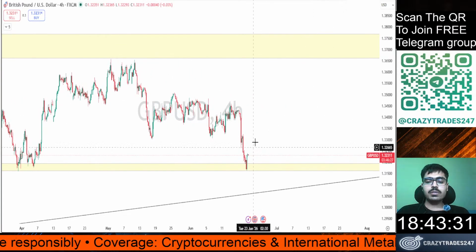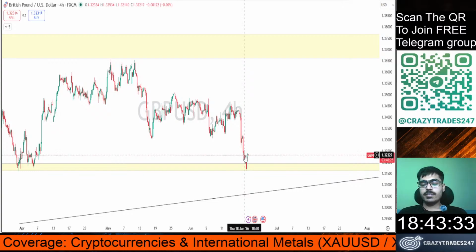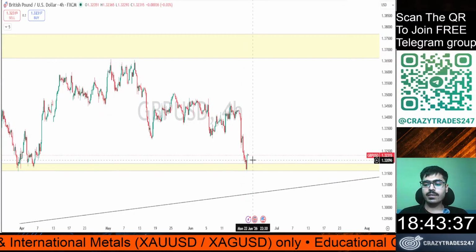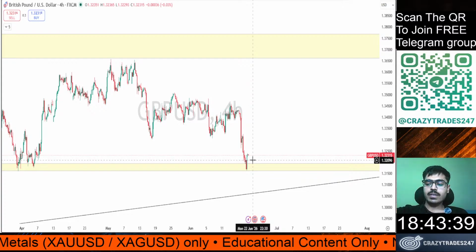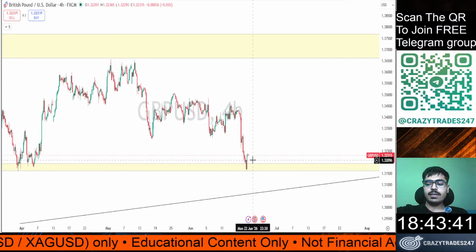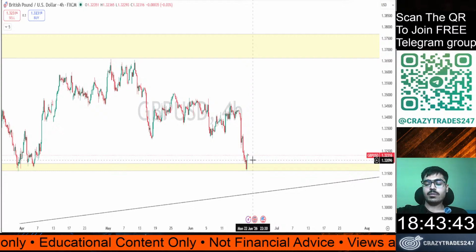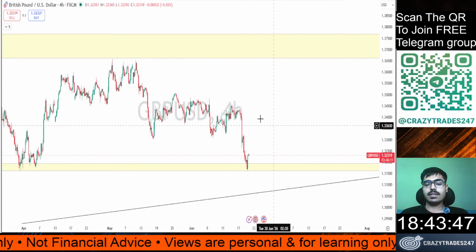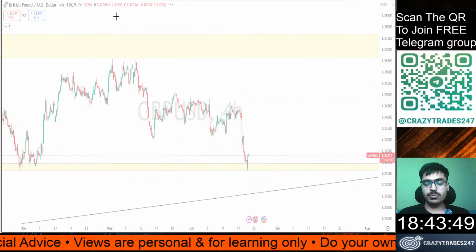But reversal of this down move is not expected anytime soon. Price might take some consolidating period here, and upon completion of that consolidation only, price might give some move in the upper direction, but that is not expected anytime soon.